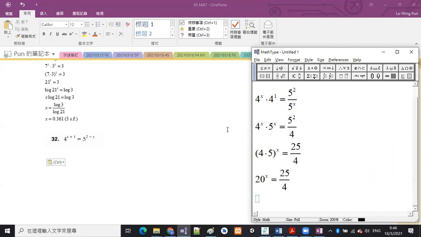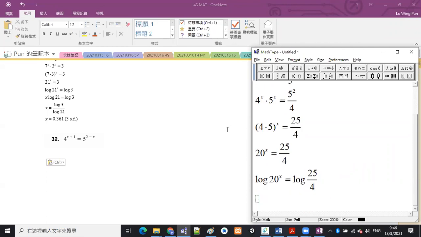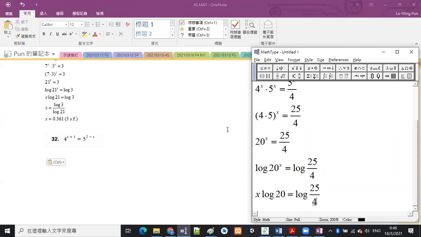Now it's one number to the power x equals the other number. Then we may take log. Log left hand side is equal to log right hand side. To take the log, the effect is to bring down the x. So x log 20 is equal to log 25 over 4.